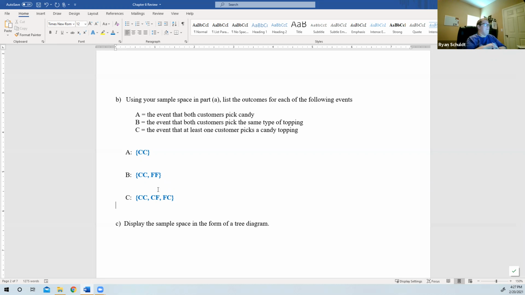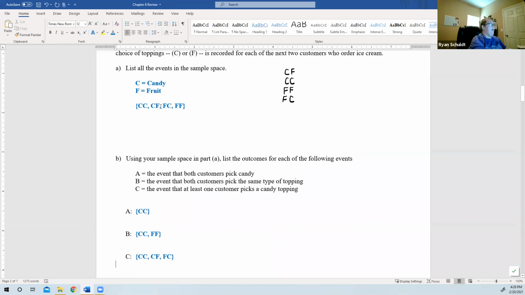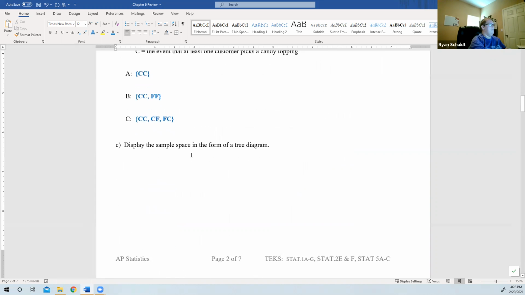Okay, C, display the sample space in the form of a tree diagram. So we have to put these 4 outcomes from A up here in the form of a tree. Well, let's draw it out. My first customer comes in. What options does he have?